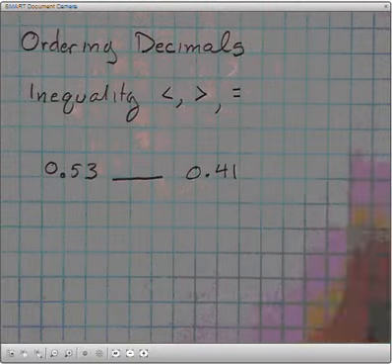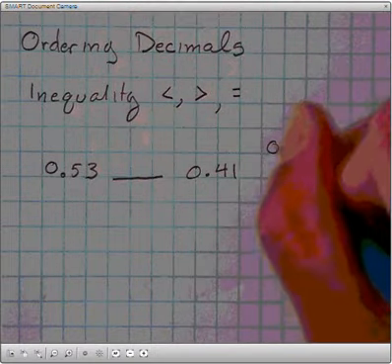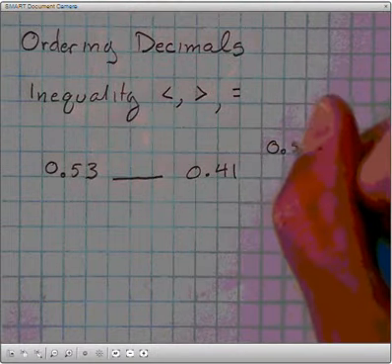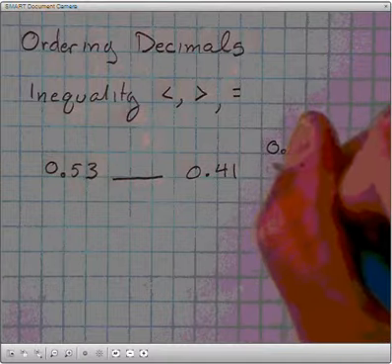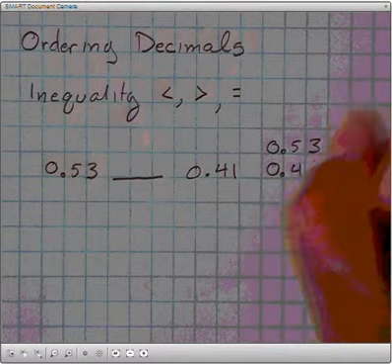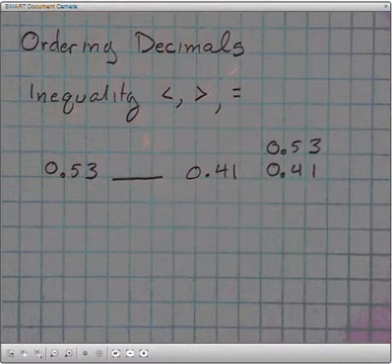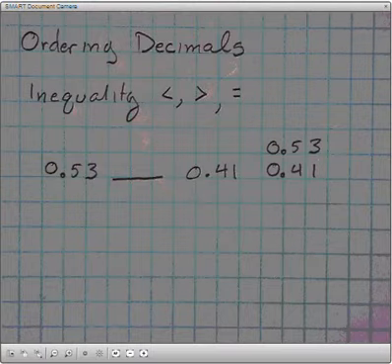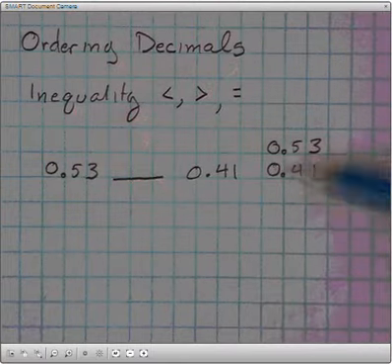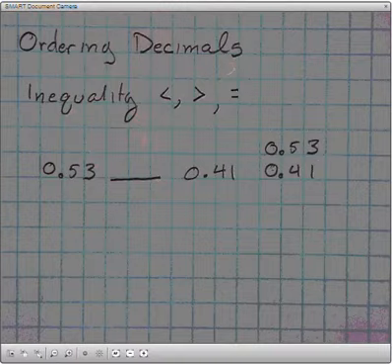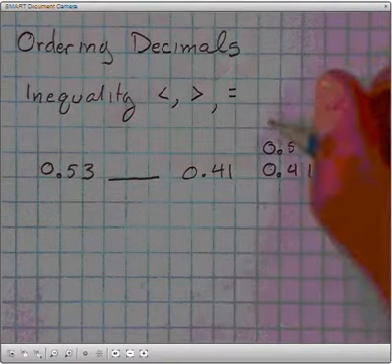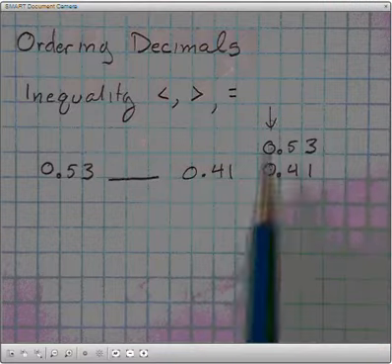The first thing that I'm going to do is put those decimals vertically to compare them. Having graph paper sometimes is nice because you can put one of the numbers in each of the boxes. And when we are comparing those two numbers, we can look left to right just like we read.